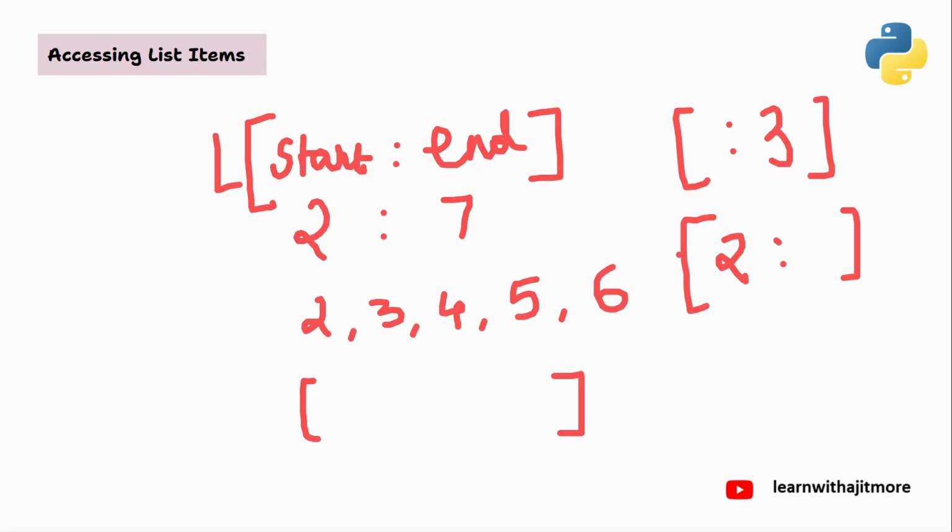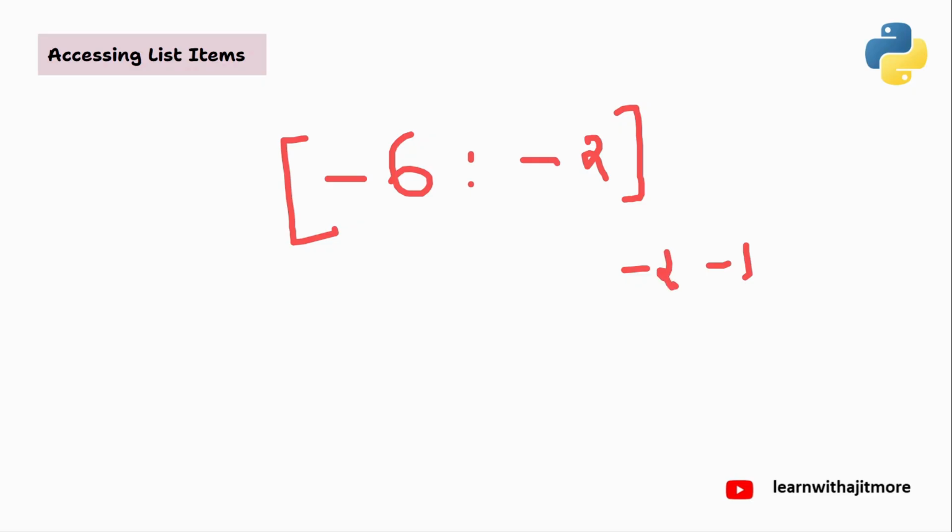Then you can give a negative index as well. In slicing also you can give negative, like I have written -6:-2. It will start from -1, -2, -3, -4, -5 and -6.